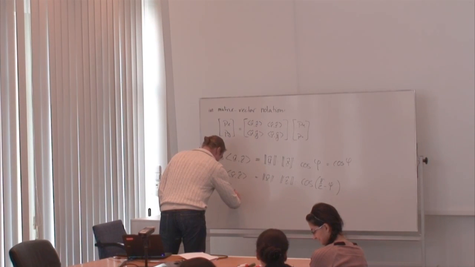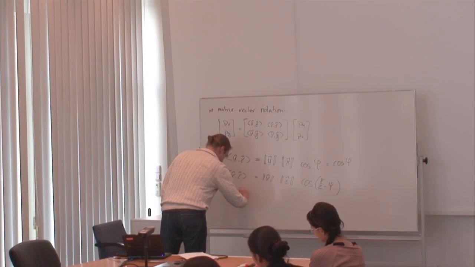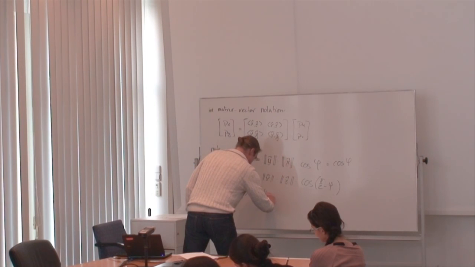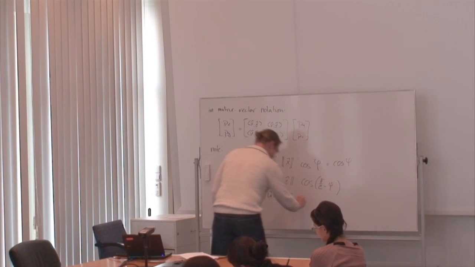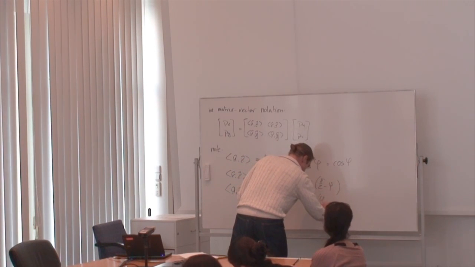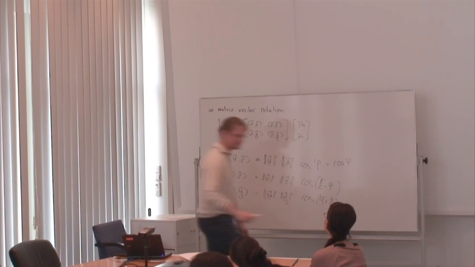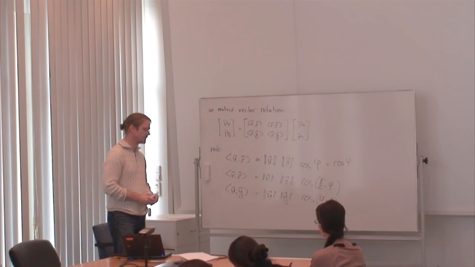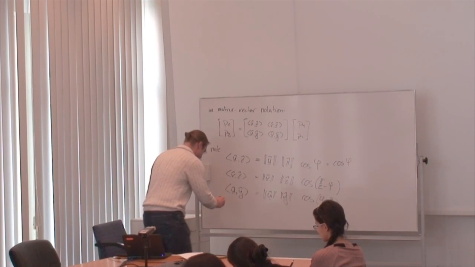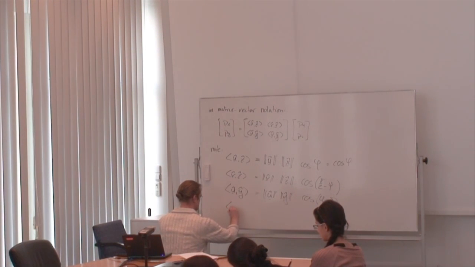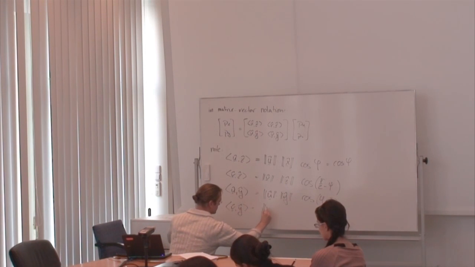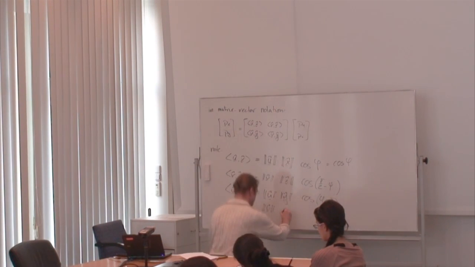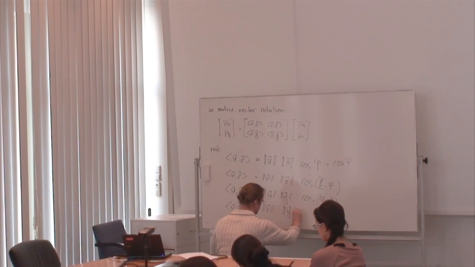If we look at the inner product between u hat and y hat, we have the u hat norm times the y hat norm times the cosine of phi plus pi over 2. I guess this is the right one. And finally, the inner product between v hat and y hat is the norm of v hat times the norm of y hat, and here the angle is just, again, phi.